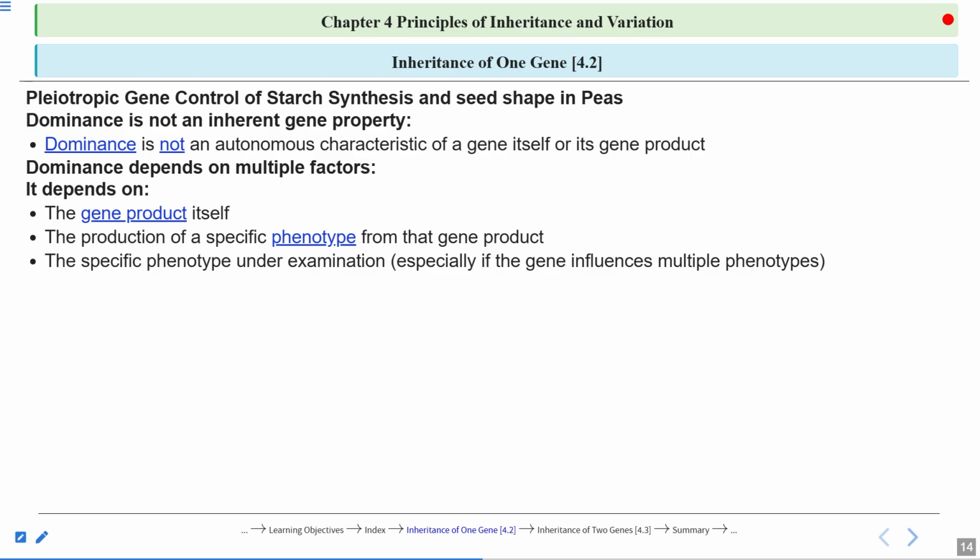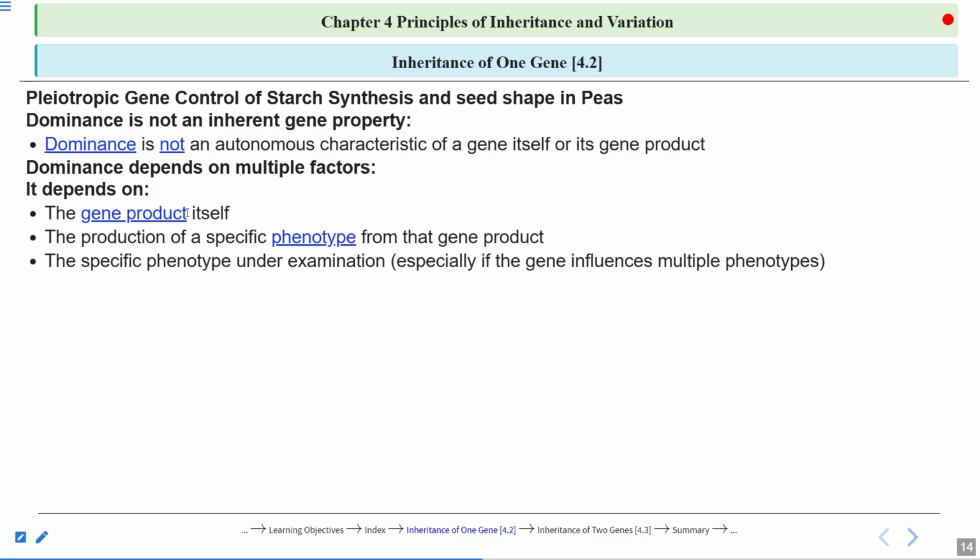In the case of starch grain size, the same gene was showing incomplete dominance. When we were examining the phenotype seed shape, the same gene was showing complete dominance. So the dominance can depend on the specific phenotype or the specific character which is under examination.